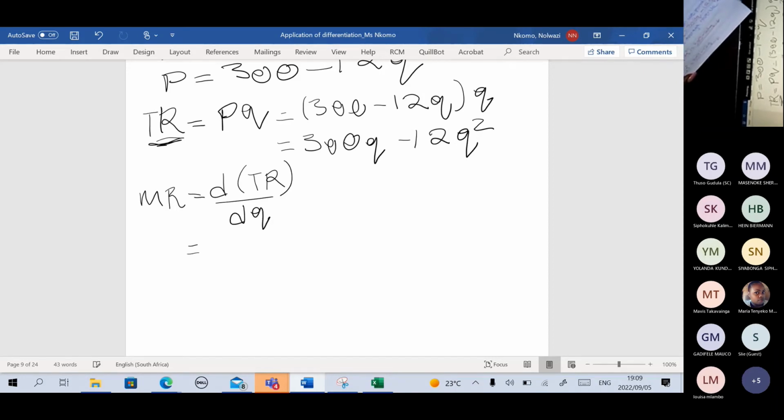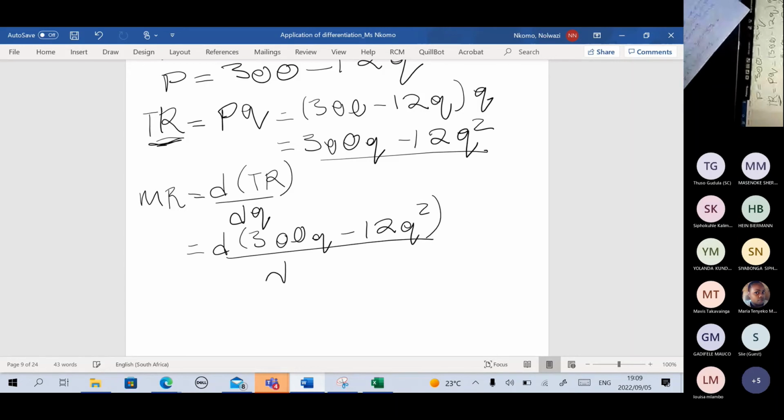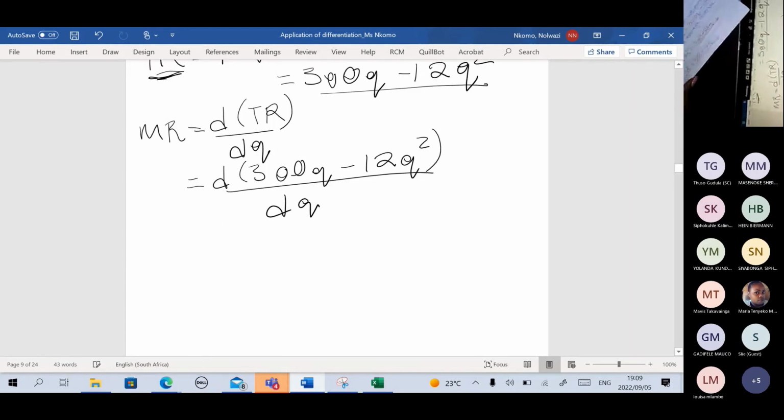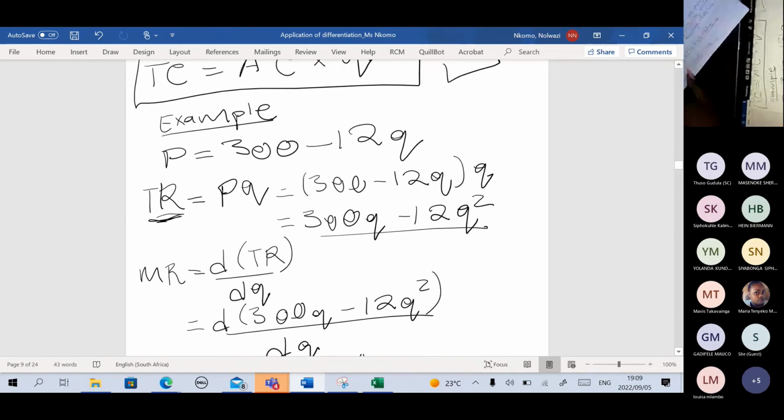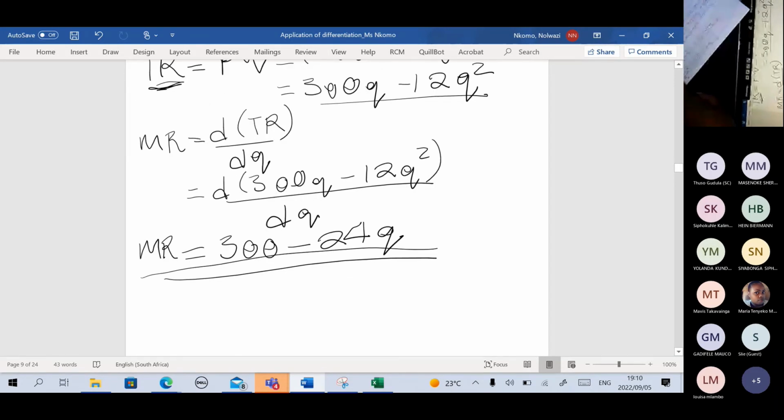And the total revenue in this case is this. So this means our marginal revenue will be the derivative of 300Q minus 12Q squared with respect to Q. And this means our marginal revenue in this case is equal to 300 minus 24Q. Okay, meaning if we are given the demand function, we can also find the marginal revenue.